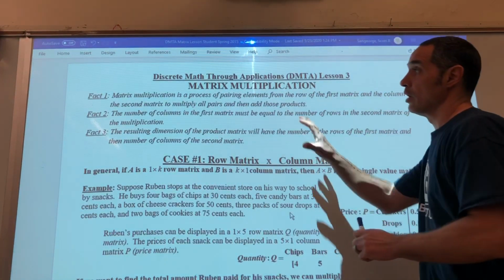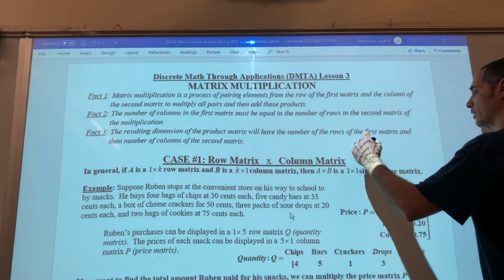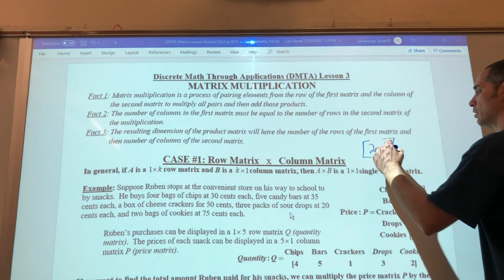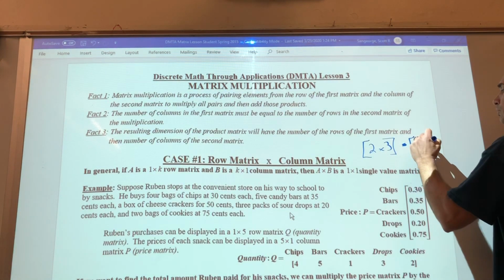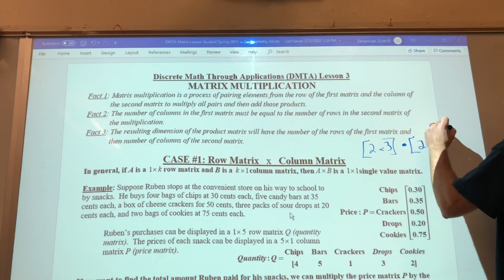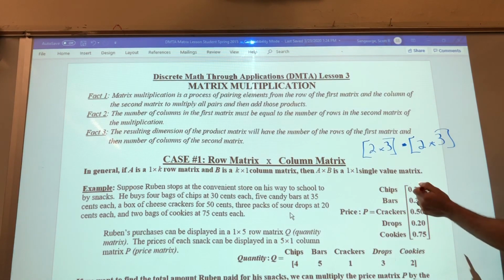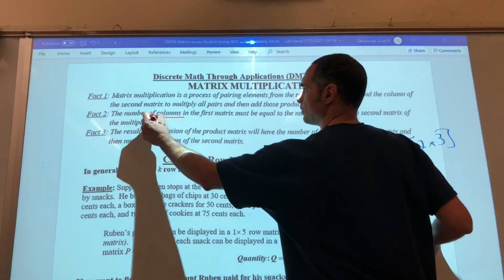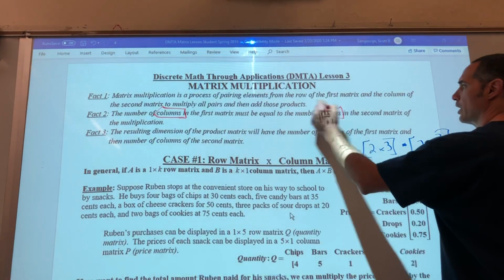So what this is stating is that if we have a 2 by 3 matrix and another 2 by 3 matrix, we cannot multiply them, because the number of columns in the first matrix has to equal the number of rows in the second matrix.